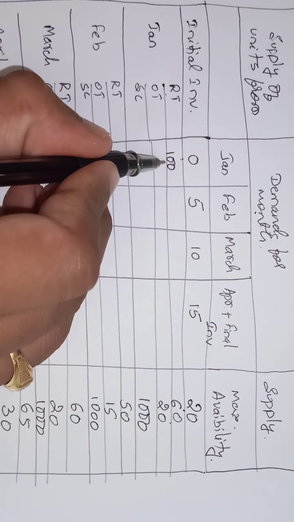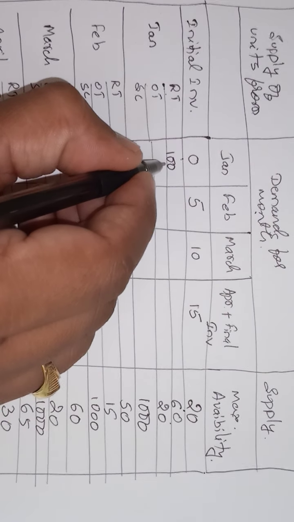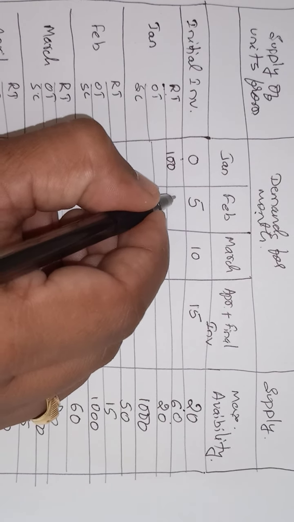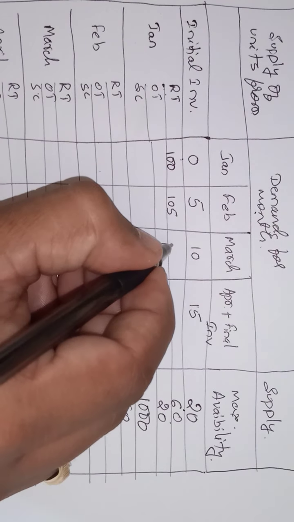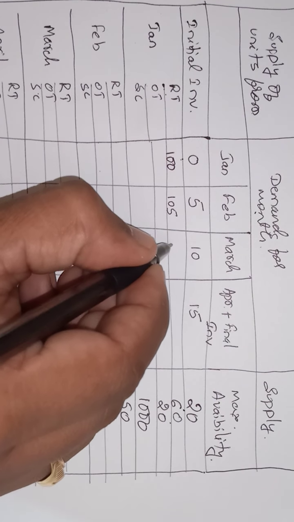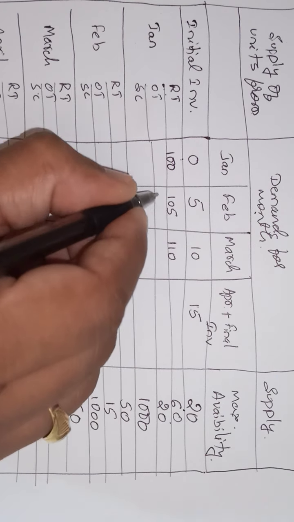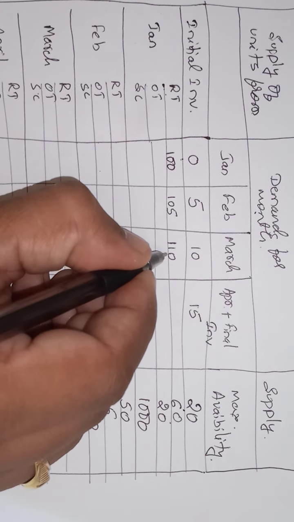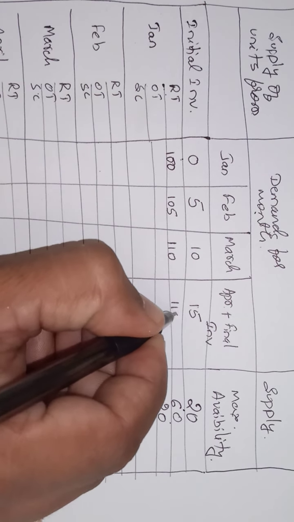If that product has not sold, then carried forward to the next month, you have to add 5 rupees to this 100, so it will become 105. Next, if it has not sold in February and you carry forward to March, then it has to be 110, because 105 plus 5 is 110, 110 plus 5, 115.